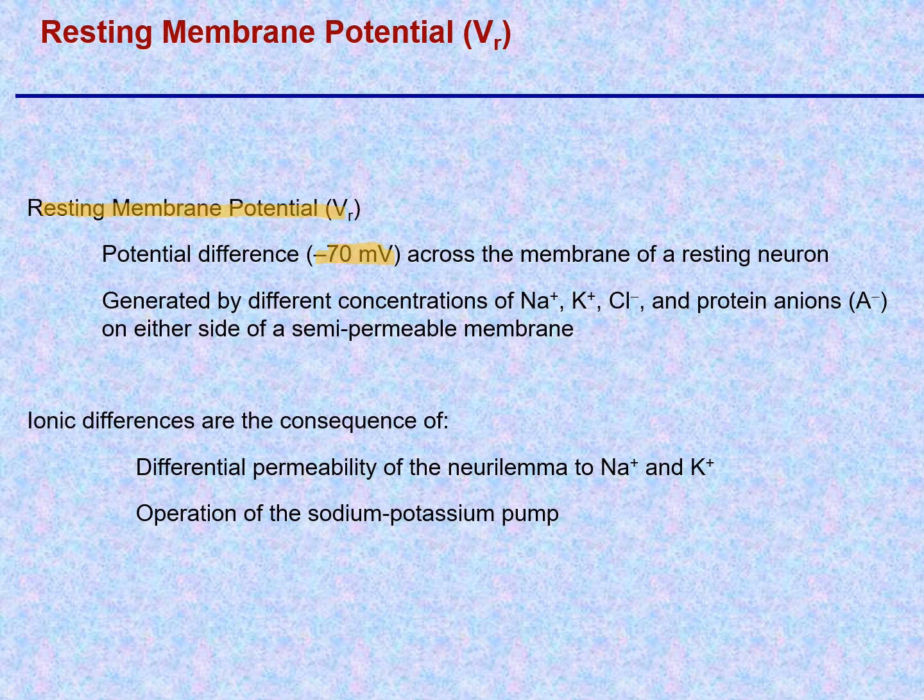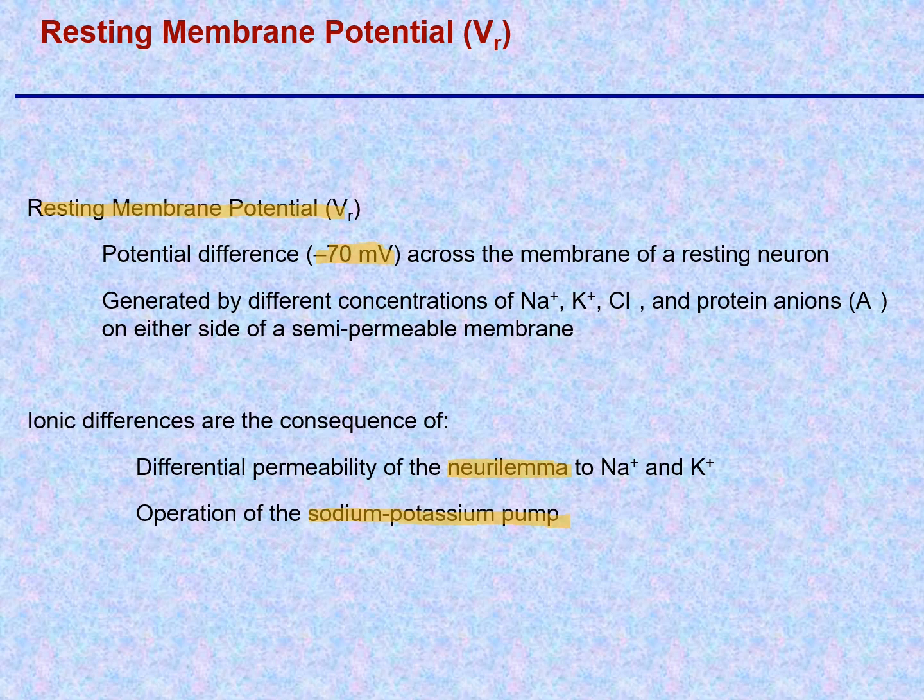It is generated because of the different concentrations of sodium, potassium, and other charged particles on either side of the membrane. The main reason that the sodium and potassium differences are present and maintained is because of the action of the sodium-potassium pump that's constantly pumping sodium out and potassium in, but also because of a difference in permeability of the neurolemma, which refers to the cell membrane of a neuron.